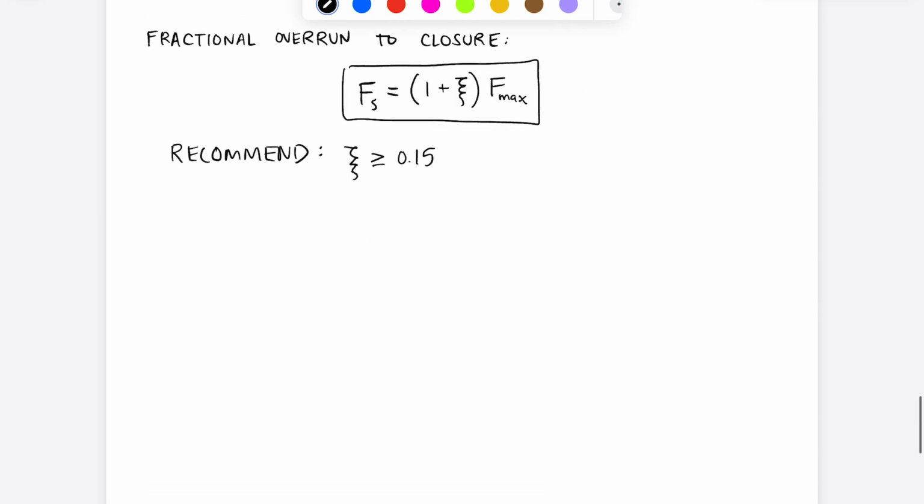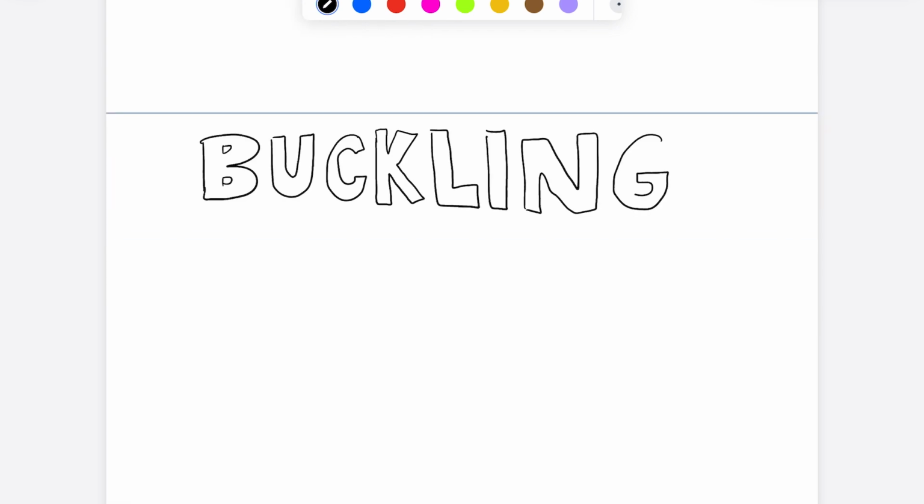Now let's move on to buckling. All right, so compression springs can buckle when the deflection becomes too large. If you're familiar with buckling of straight beams, you know that if I have a straight beam, I'm applying a compressive load.